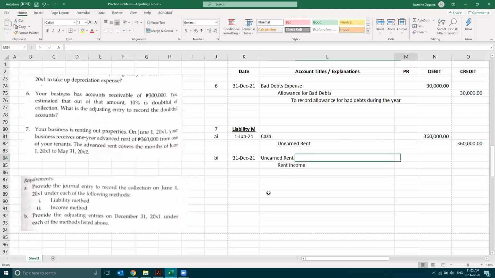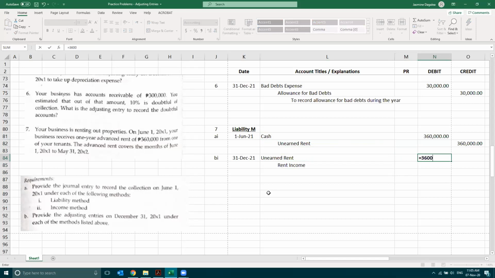Magkano? 360,000 divided by 12 times 7 months since June to December. Yan, 210,000. Parang same lang siya kanina.